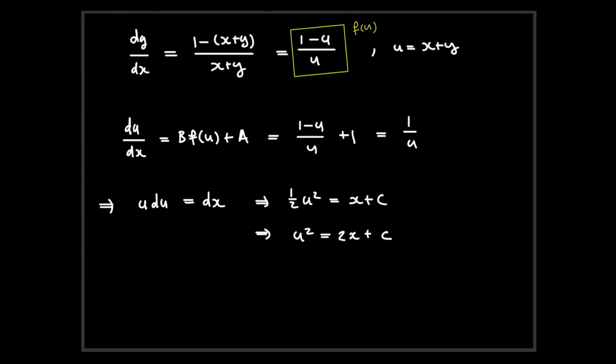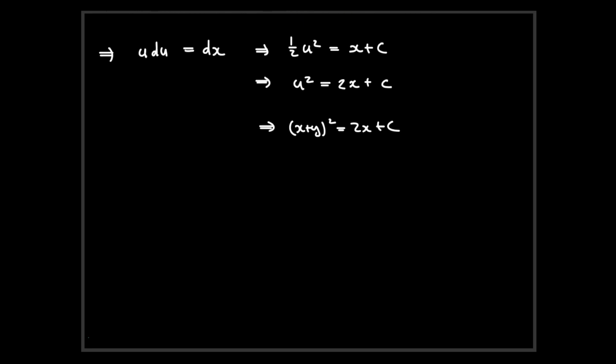Great. Now, here we can just write down the final solution. And we get, okay, so u is x plus y. So we just get x plus y squared is equal to 2x plus c. And if we wish to have a formula for y, then this will just tell us that y is equal to the square root of 2x plus c minus x, or y is equal to the negative of the square root of 2x plus c minus x.